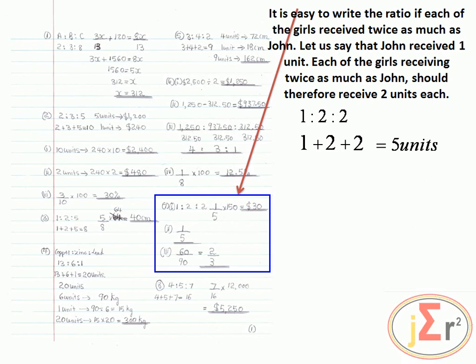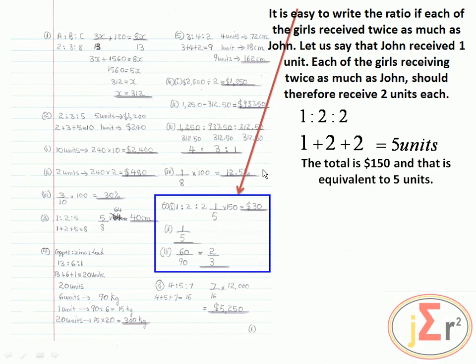Share $150 among John, Mary, and Sarah, so that each of the girls receives twice as much as John. Calculate the amount of money John received. I like this one also. Calculate the amount of money that John received.